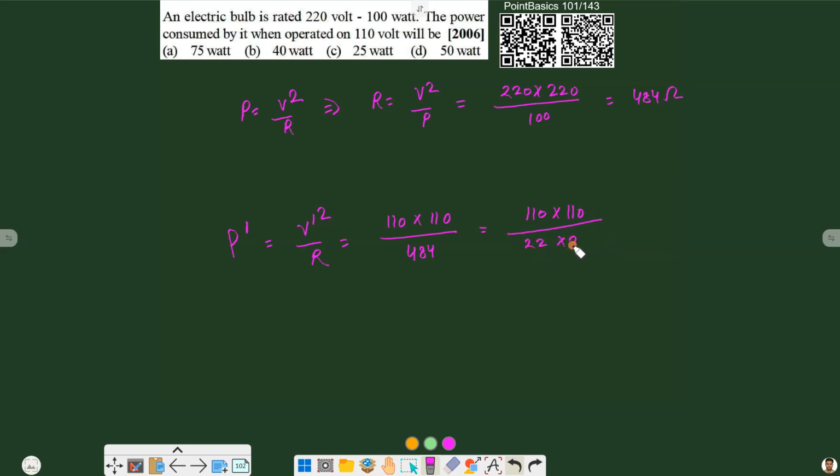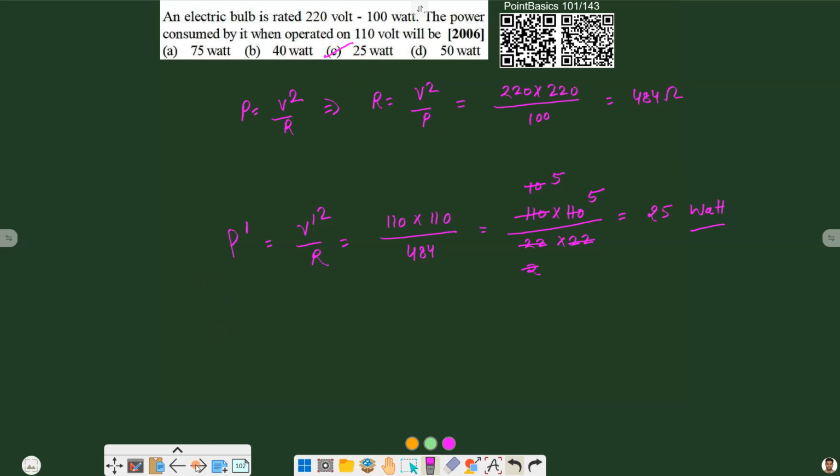Now we can cut these 11s. 22 into 5 is 110. So 5 into 5 will be 25 watts. That's how our final power at 110 volt will be 25 watts. So option C will be the right answer.